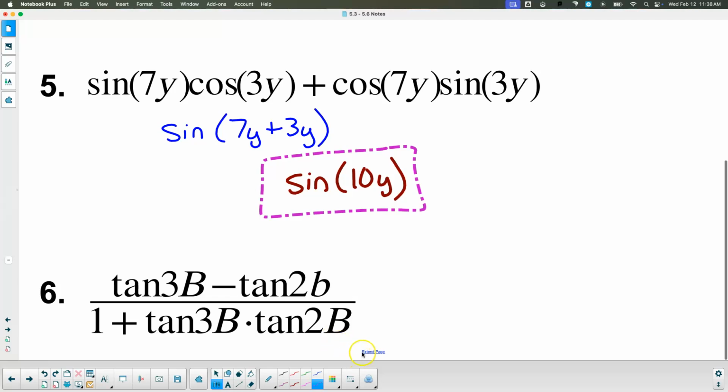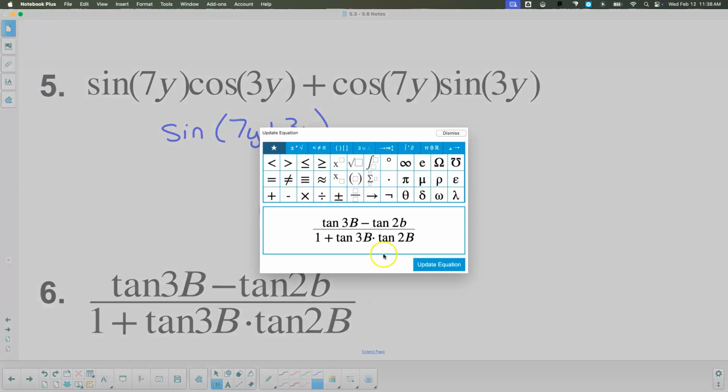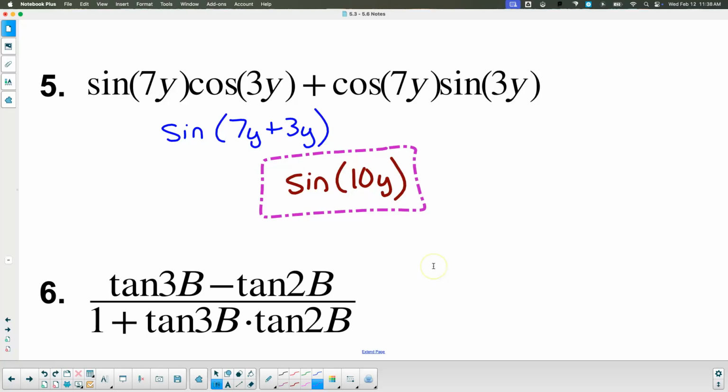Next one. Bugging me that that B is not capitalized right there. Now hopefully the equation will go all. There we go. I like that better. Okay. We've got tangent of 3b and 2b.